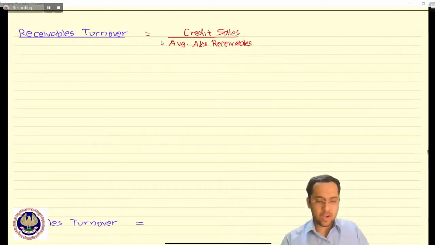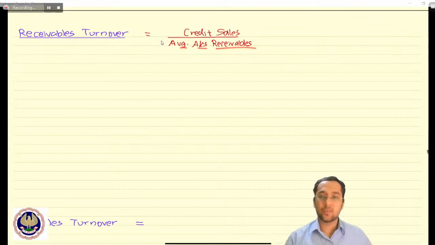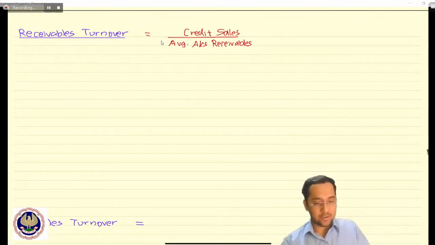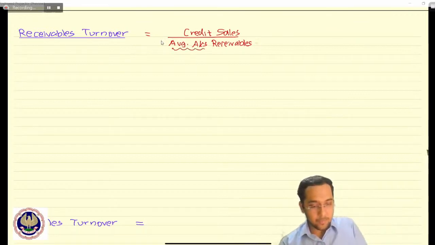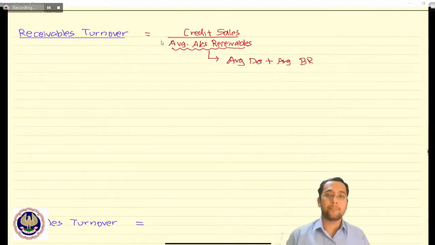Now, what do we mean by average accounts receivables? Average accounts receivables simply mean your average debtors plus average bills receivable.